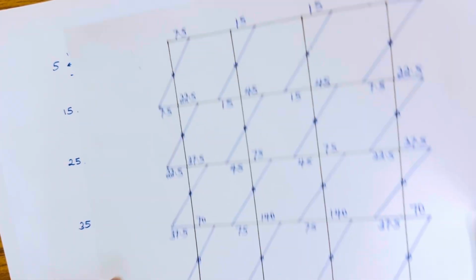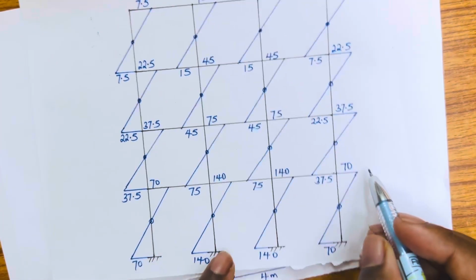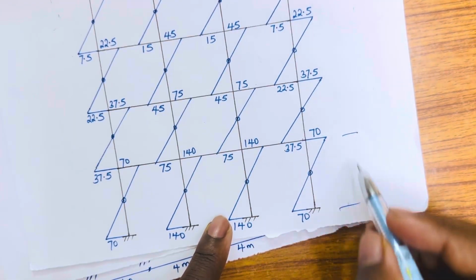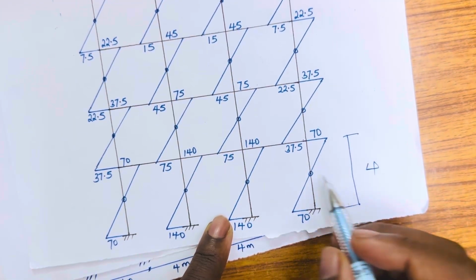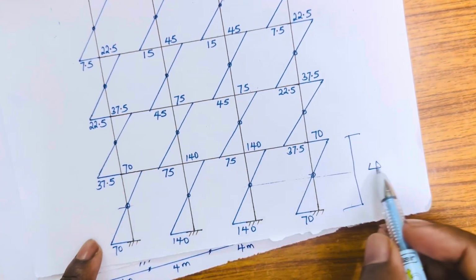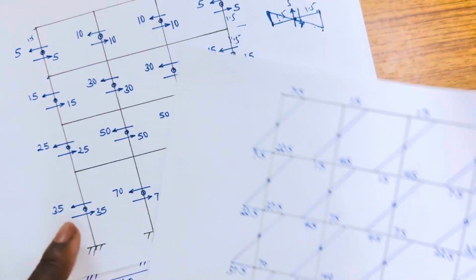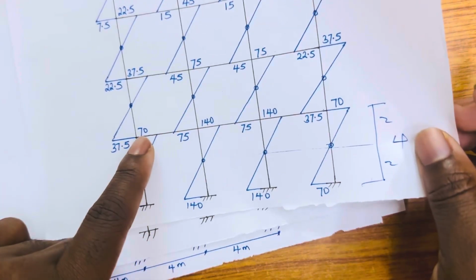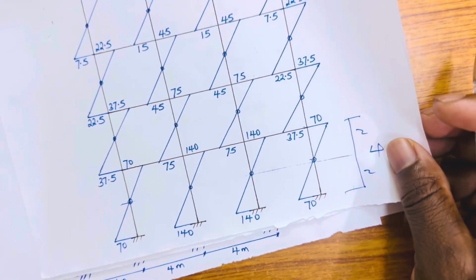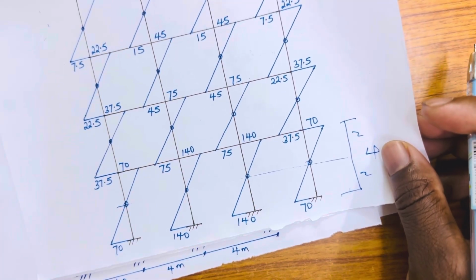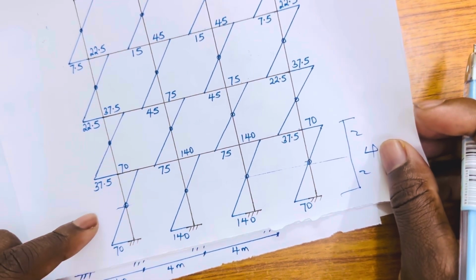So 35 times 2, remember the distance. The distance of this last one here was 4. So 4 from the middle here, that means it will be divided into 2. Okay? So that's why here is 35 times 2. That's why we have 70 here. I believe you have understood how to draw the column moment in this case. Okay?